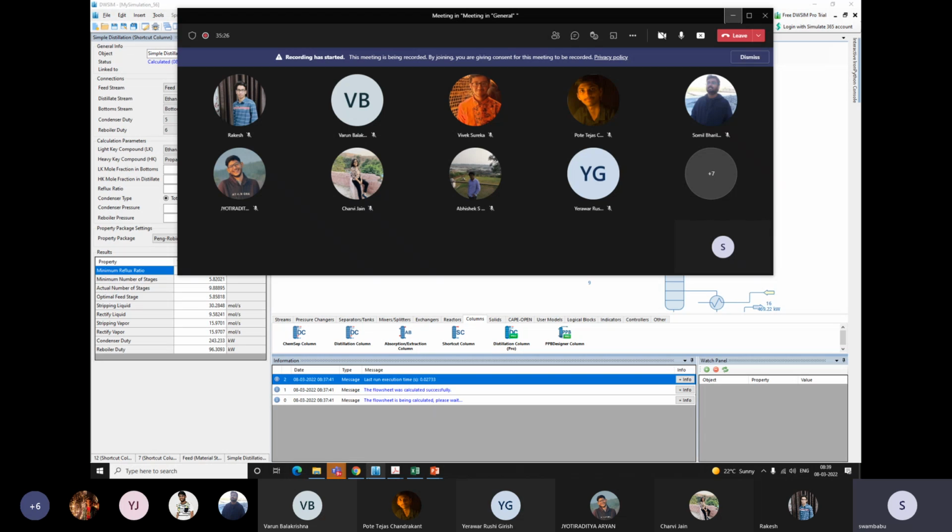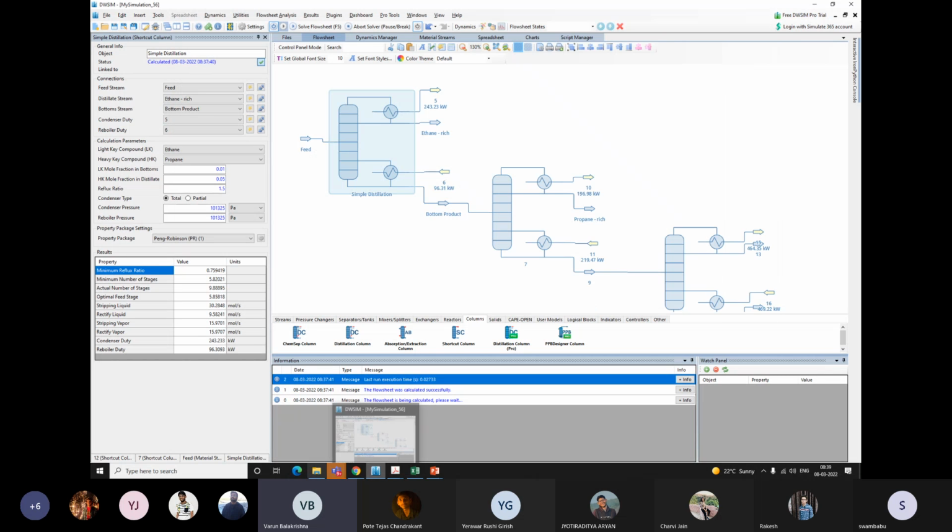You all understood? Do you have any questions? Does the ordering of how we choose the light key component and heavy key component have a big impact in the end? For example, in the first distillation column, if we choose ethane and instead of propane, we choose butane and then go forward with it.